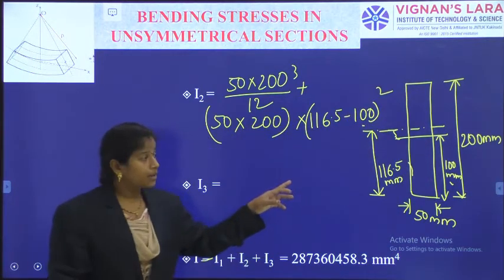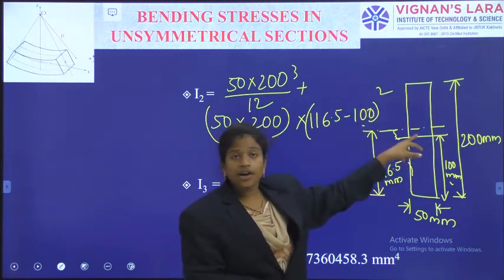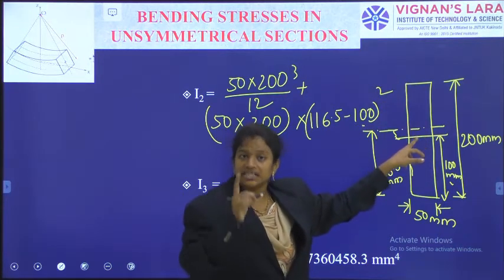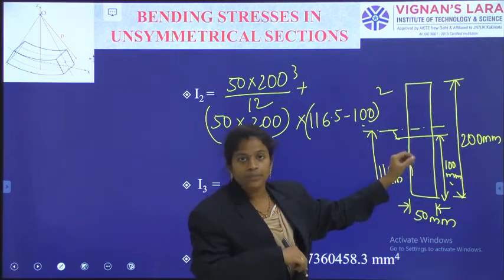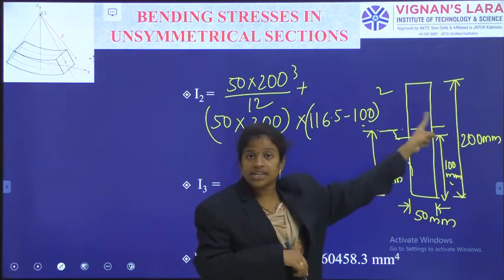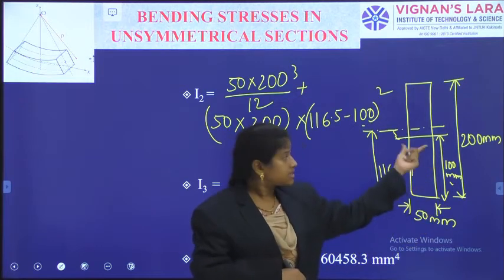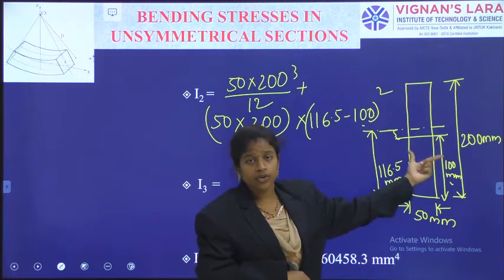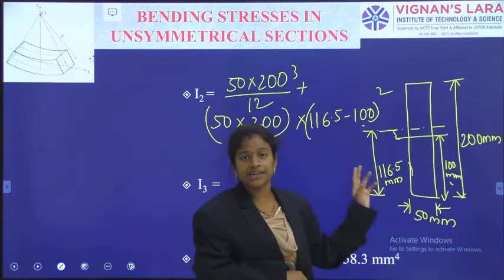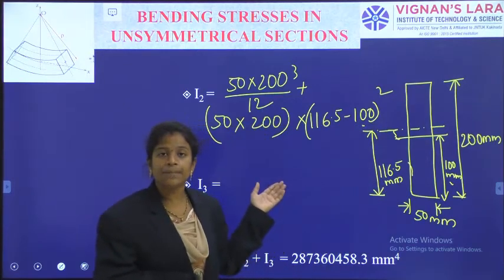Why is that coming? Because the original centroid of this web portion in the unsymmetrical I section is not coinciding with the centroid of the overall I section. This web's centroidal axis is not coinciding with the overall I section centroid. In the symmetrical sections, what is happening?